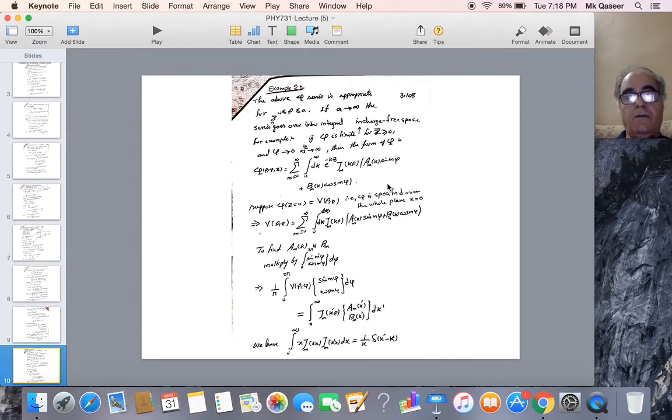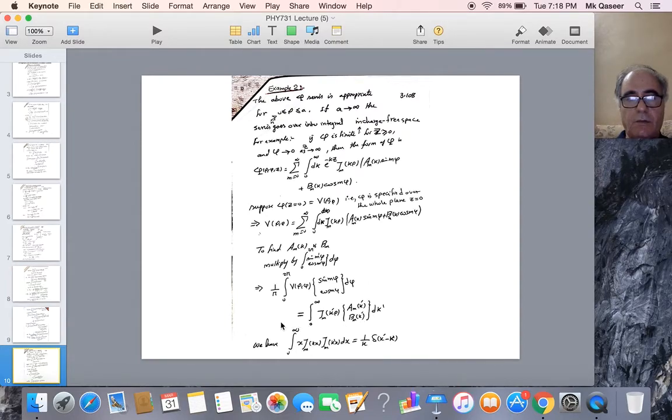Now if we assume that phi at z equals 0 in the xy plane is equal to V of rho phi, that is phi is given in the xy plane, then at z equals 0 we get V of rho phi equal to this integration. Again, to find A sub m of k, now k is a continuous variable, and B sub m of k, we have to multiply both sides from 0 to 2 pi, the first term by sine m prime phi d phi, for B_m we multiply by cosine m prime phi, and use the orthonormality.